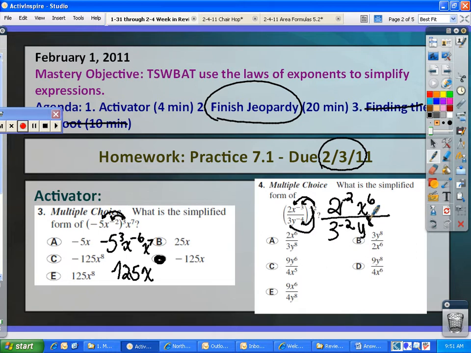The negative 2 exponents means that those switched positions, so the 3 squared went on top, and the 2 squared went on the bottom, and that was x to the 6th and y to the 8th. They stayed where they were because they were not negative. And now simplifying that, 3 squared is 9, x to the 6th, over 4, y to the 8th. So the answer was actually E for this problem.